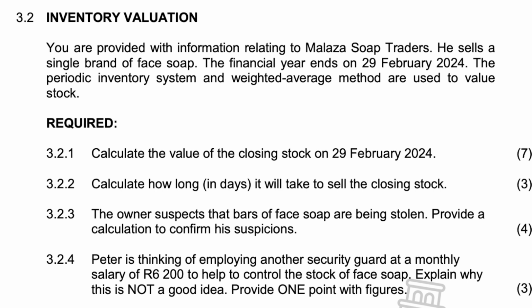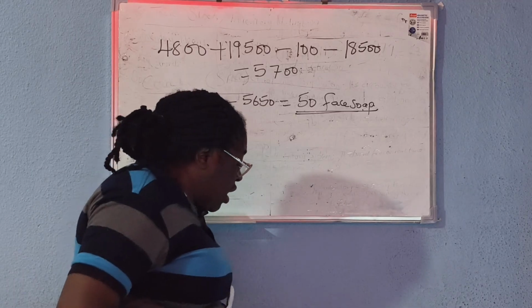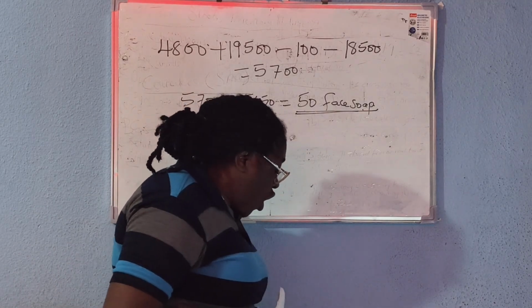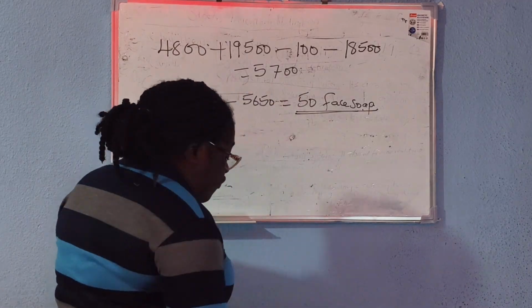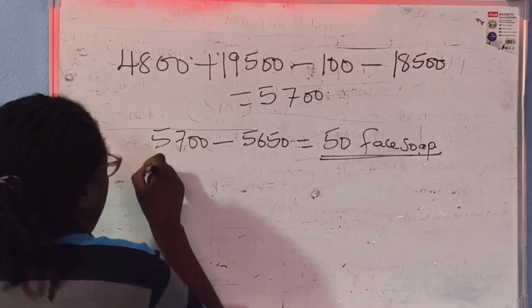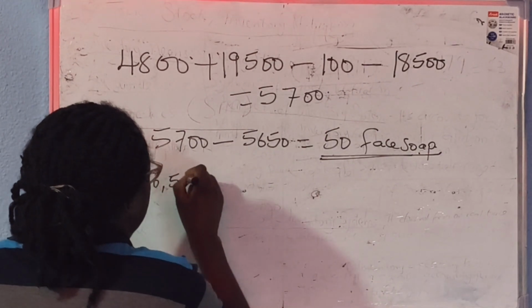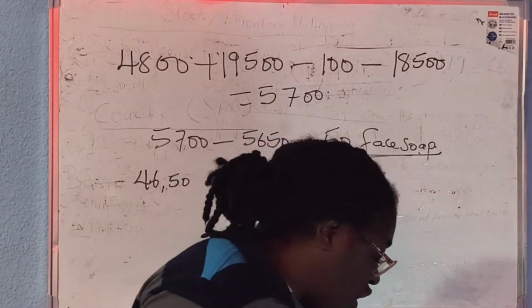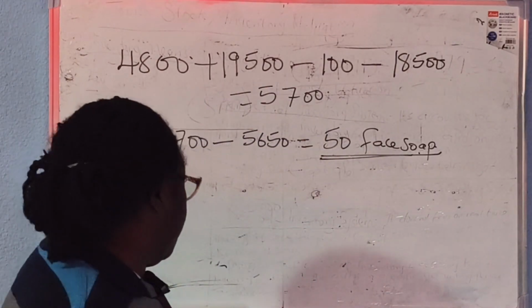Now, we should calculate the total amount we have lost on this face soap. Remember, we calculated the weighted average price of each of these face soap. It was R46.50.